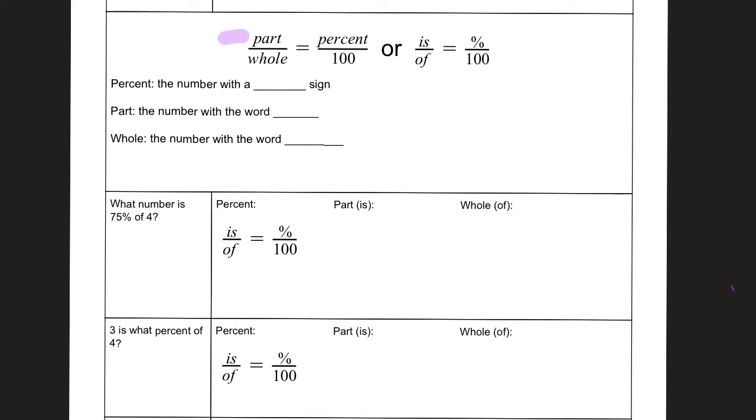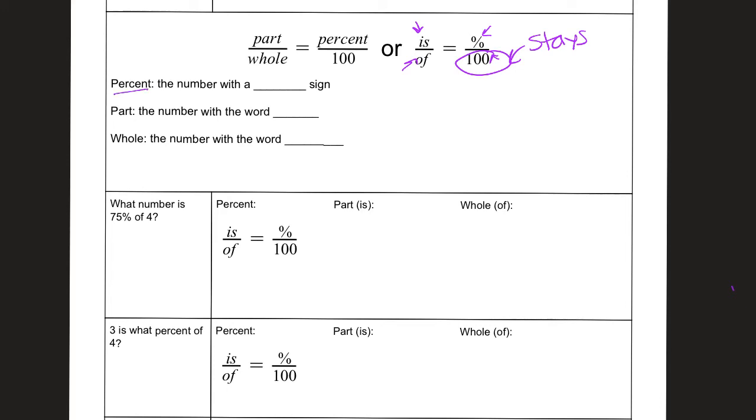So the part over the whole, the smaller portion divided by the total, we're going to set it up as a proportion, equals the percent over 100. Or is over of equals percent over 100. Okay. And this will always stay the same. This never changes. The other parts can change.